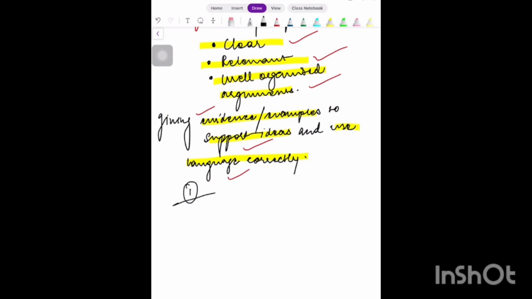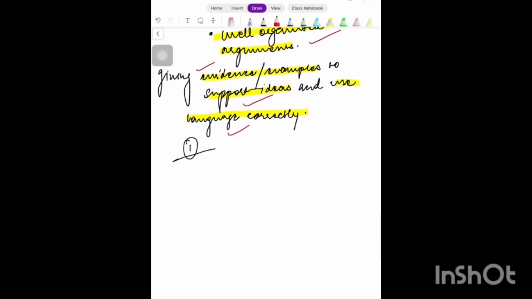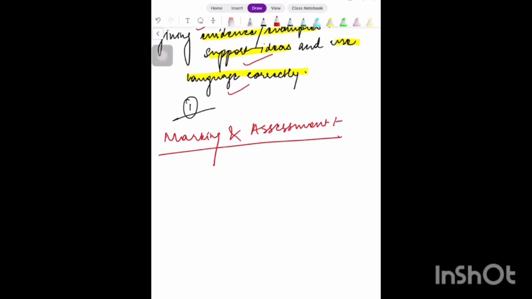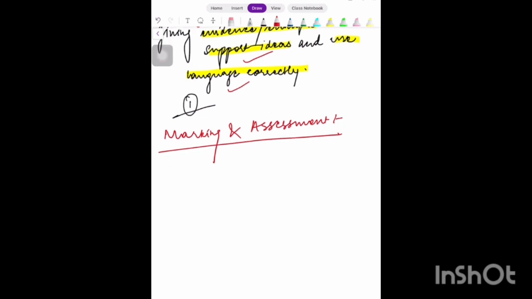Now there is something known as marking and assessment. The assessment of Task 2 carries more weightage in marking than Task 1. So in Task 1 and Task 2 there are a total of 4 parameters on which you will be judged in both.